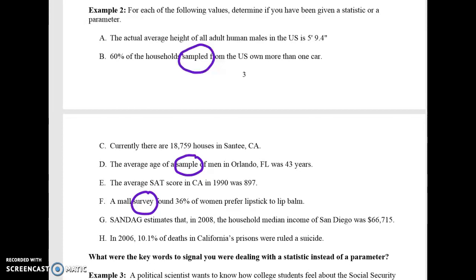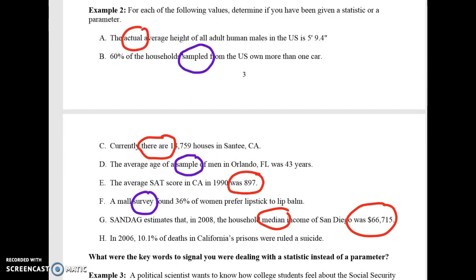And in the other examples, let's see that in red, it looks like we have other words. So we have the actual, we have there are, something was, the median was, and 10.1% were.